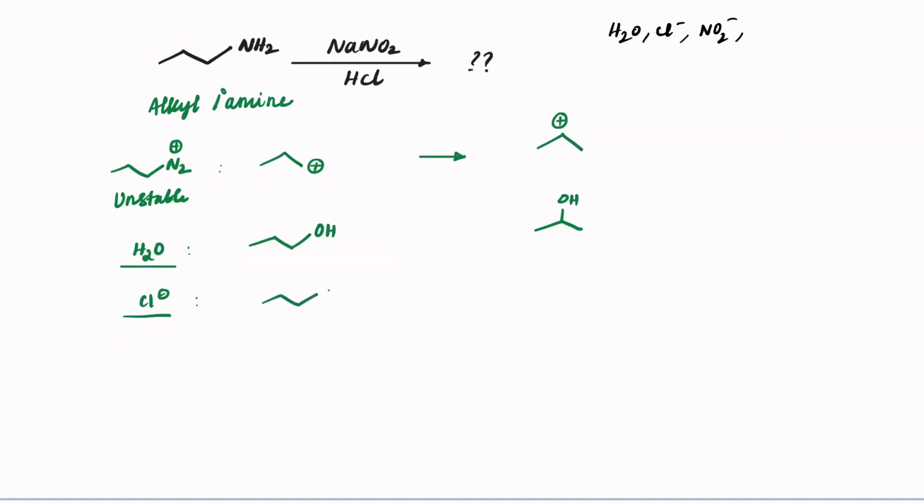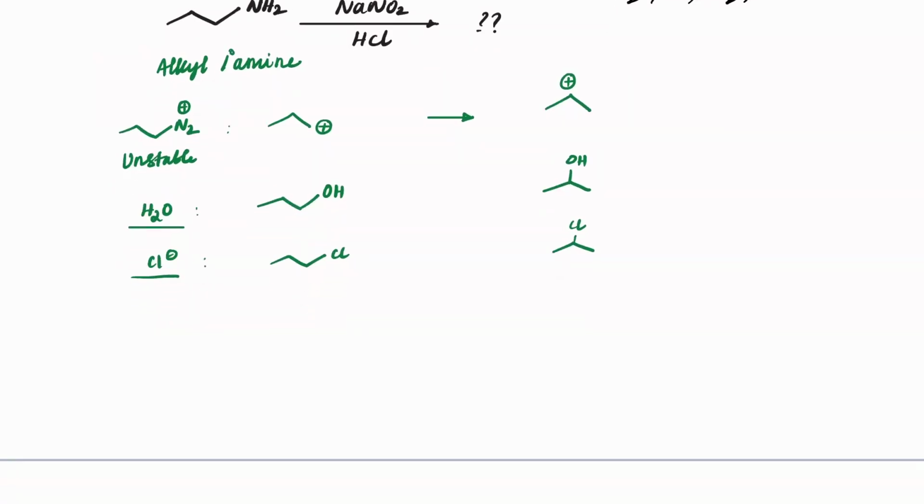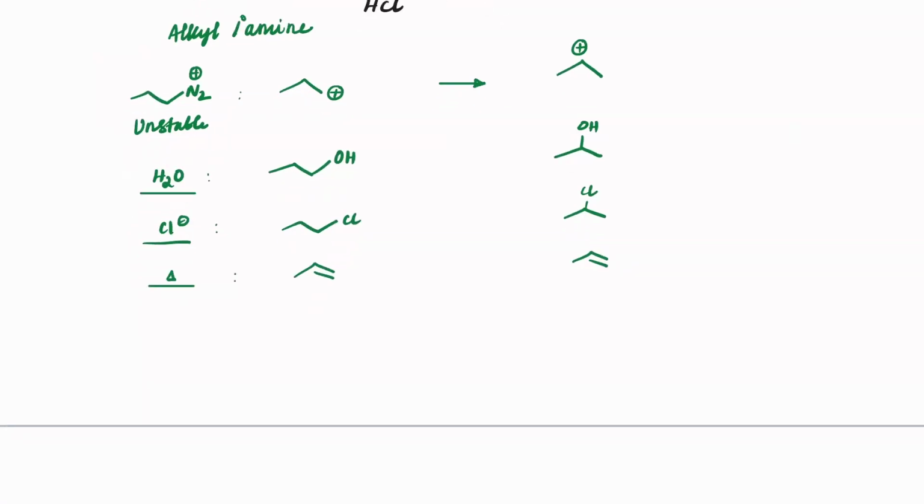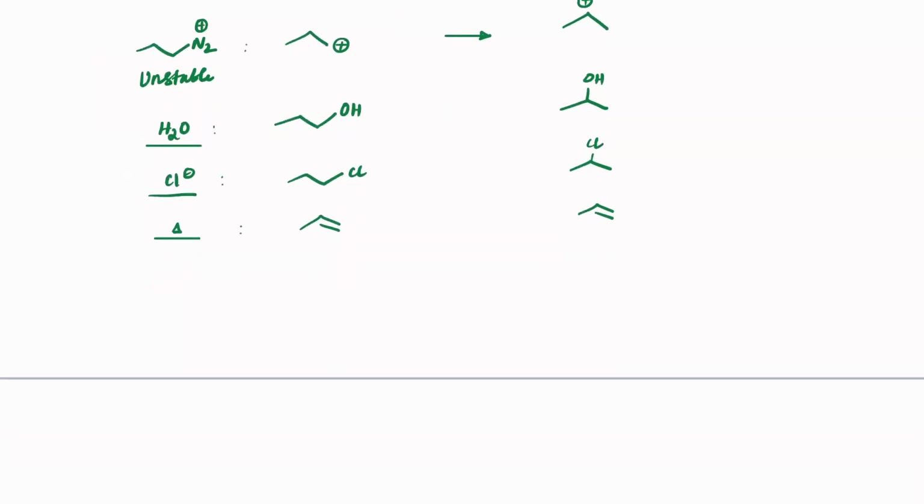So because of chloride, you can get this chloride here, and here we can get a 2 degree chloride. Got it? And because this reaction can be performed with some heat also, alcohols can get dehydrated. So you will get this alkene product also. I'm talking about minor products.